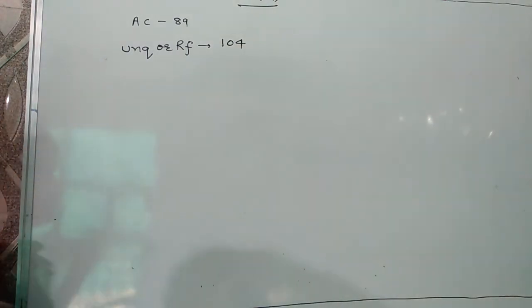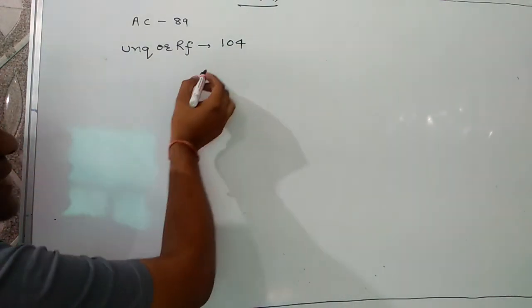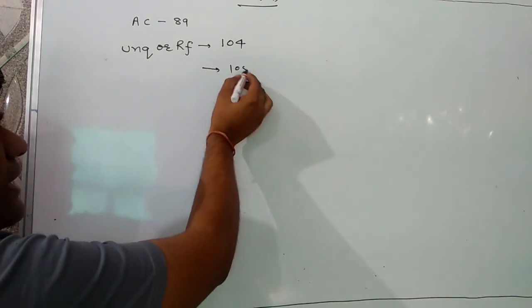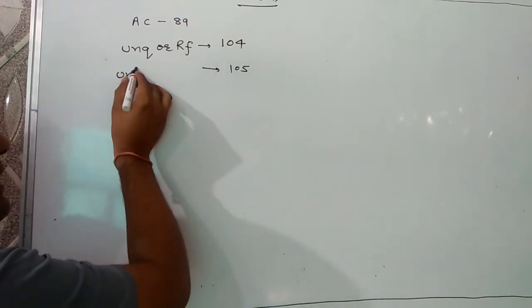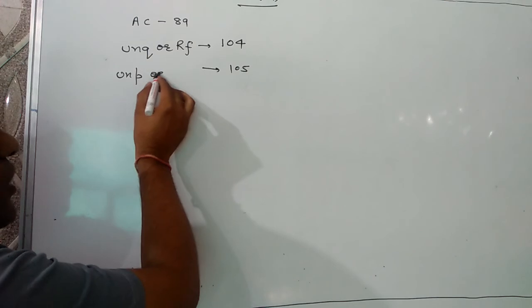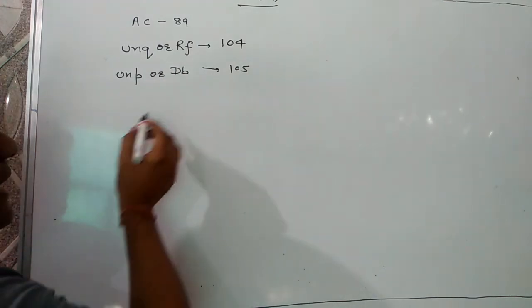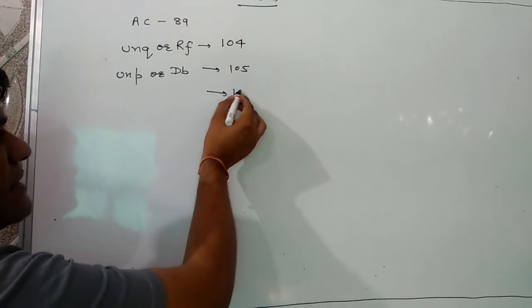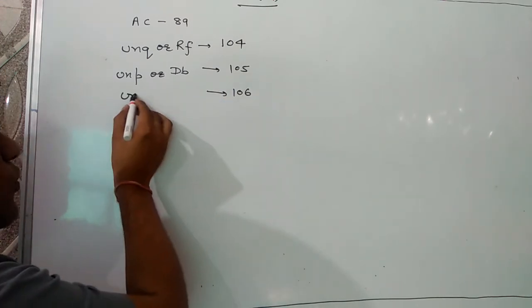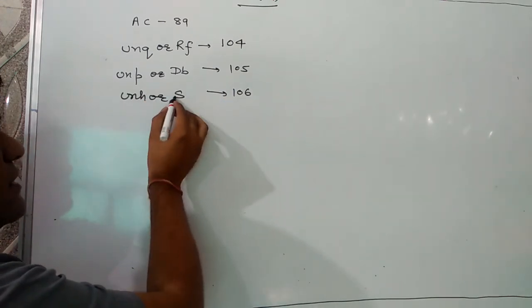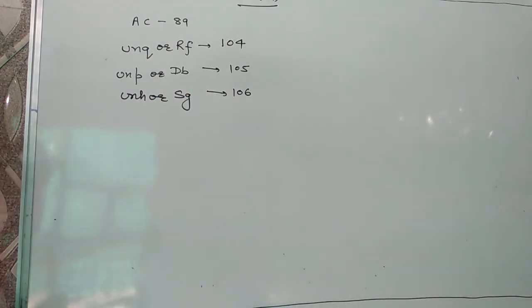UNQ means unnilquadium. Next is 105, symbol UNP, or dubnium, DB. Next one is 106, its symbol can be UNH or seaborgium, SG.